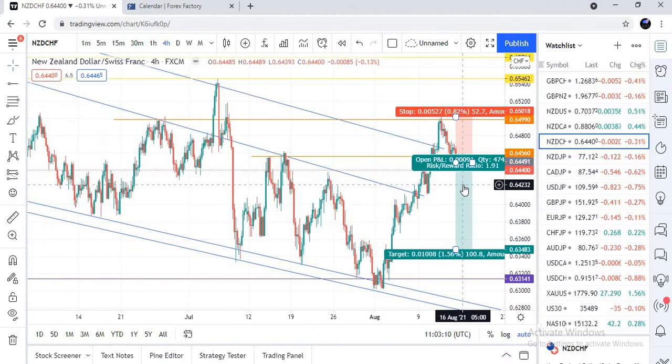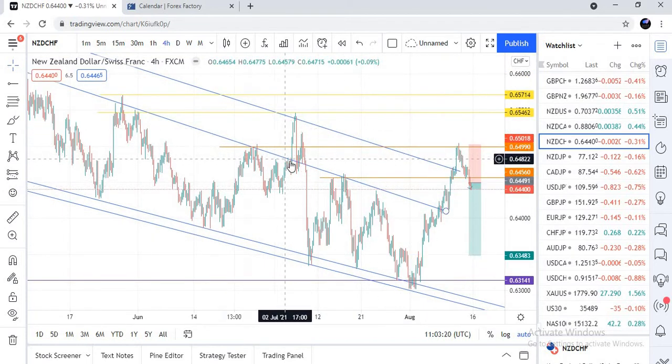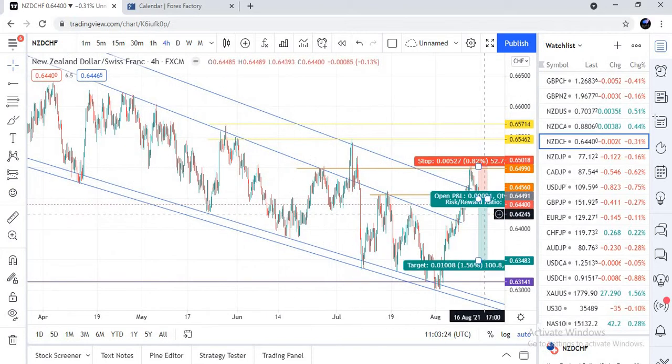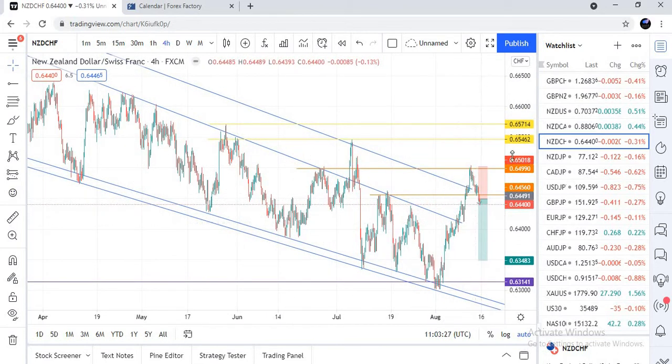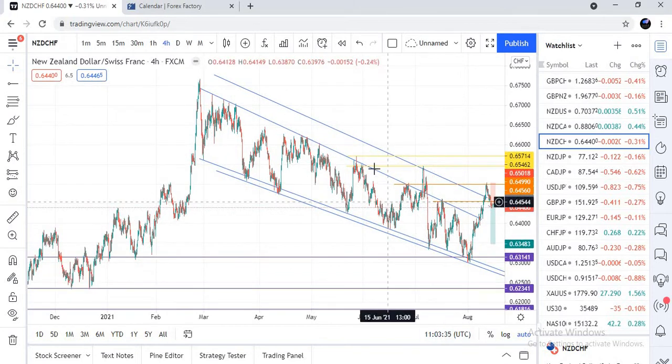I think we entered quite late for this because it broke our trend line. So let's see how things will go for us this week. The price might reverse and keep going up, because this is a really bullish movement, but this can also be a reversal.